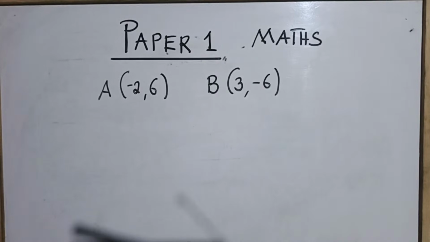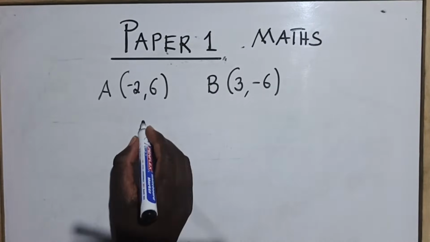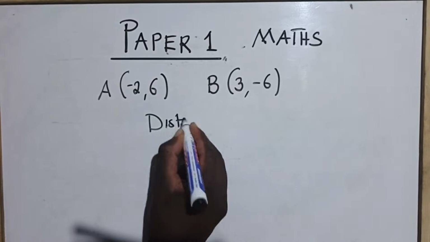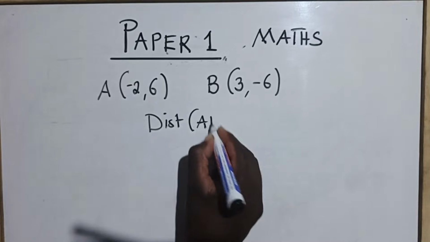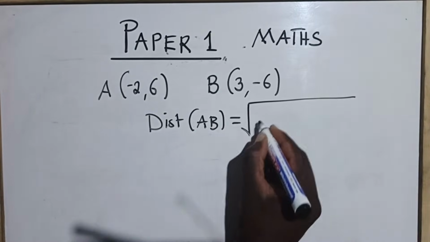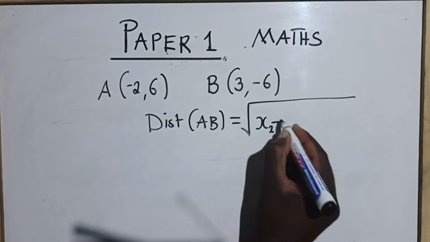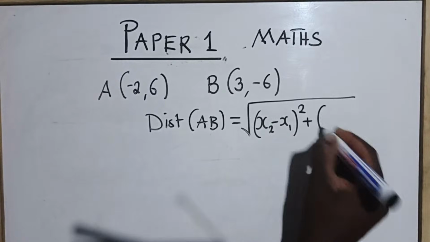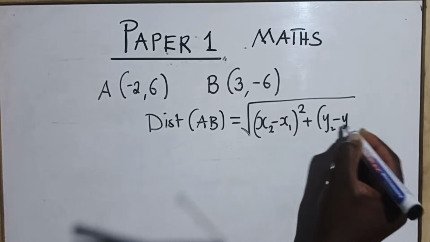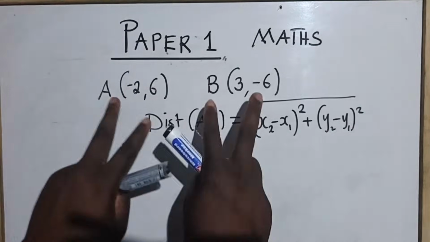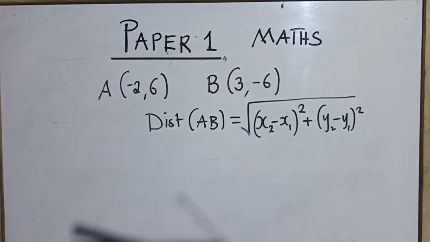What are we supposed to do? So we can basically use the formula: distance between A and B is equal to the square root of (x2 minus x1) power 2 plus (y2 minus y1) power 2. That's a formula to use whenever you want to find distance if you've been given the coordinates like it is right over here.